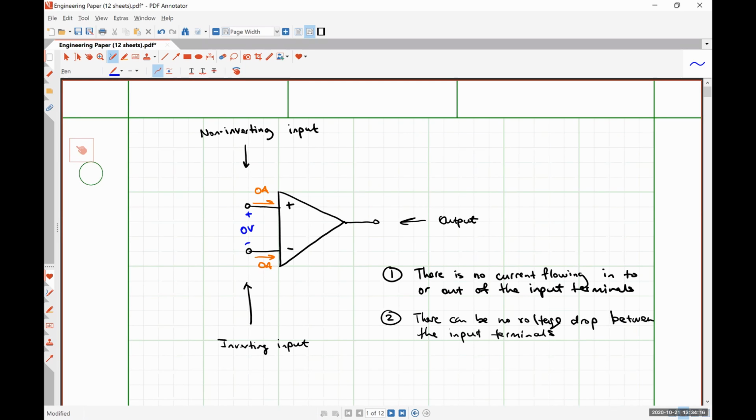And if we consider the voltage present at the inverting terminal with respect to ground, and the voltage present at the non-inverting input terminal with respect to ground, op-amp rule number 2 can be restated as simply: the voltage present at the non-inverting input terminal must be equal to the voltage present at the inverting input terminal. So these are the 2 basic rules. Everything past this is just Ohm's law, Kirchhoff's current law, and Kirchhoff's voltage law.